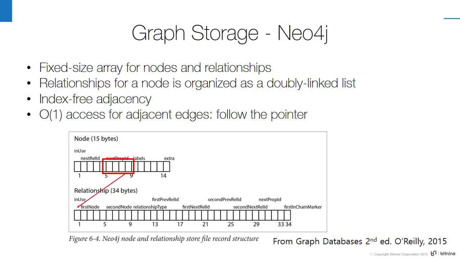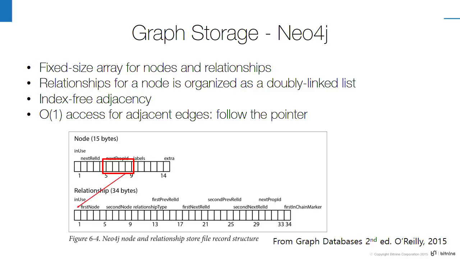And the relationships adjacent to a node are organized as a doubly linked list. And a relationship element has two pointers to the start and the end nodes. This fixed size record is only for the nodes and relationships pointer information. The property values, which are of variable size, are stored separately outside these arrays.